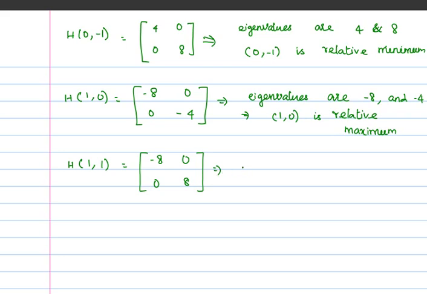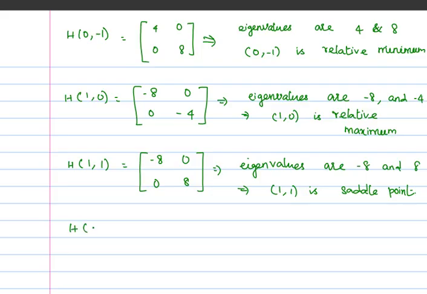So this implies eigenvalues are minus 8 and plus 8. So this implies 1 comma 1 is a saddle point.